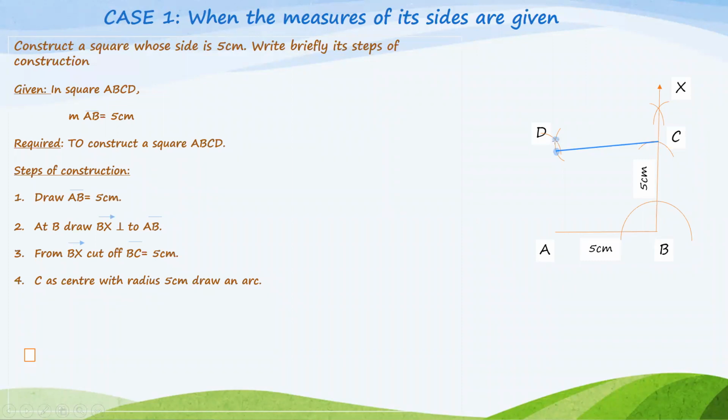Where these two arcs intersect, only this point is called D. So properly join C to D like this. Take the scale in your hand and join C to D properly.